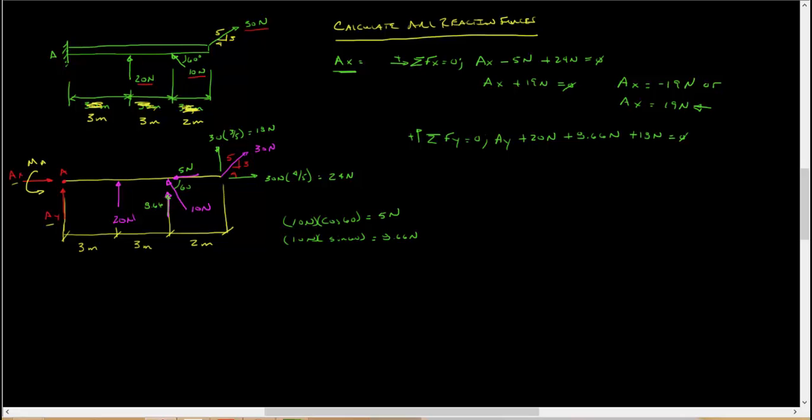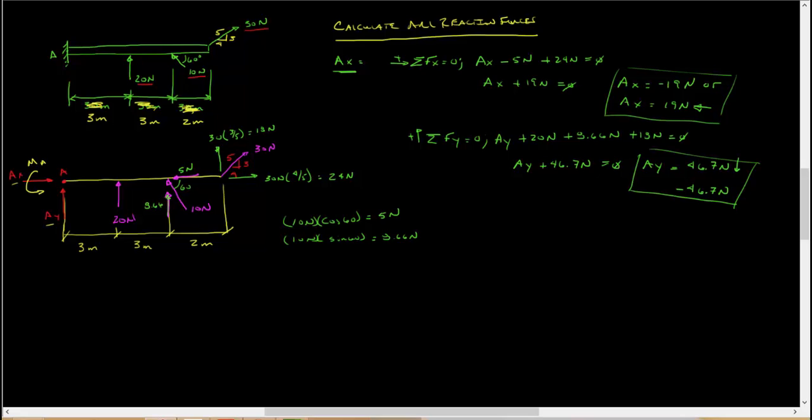So if I throw those in my calculator, I get 46.7 newtons. AY plus 46.7 newtons is equal to 0. AY is equal to 46.7 newtons going down, or 46.7 newtons negative. And then I have this answer here.